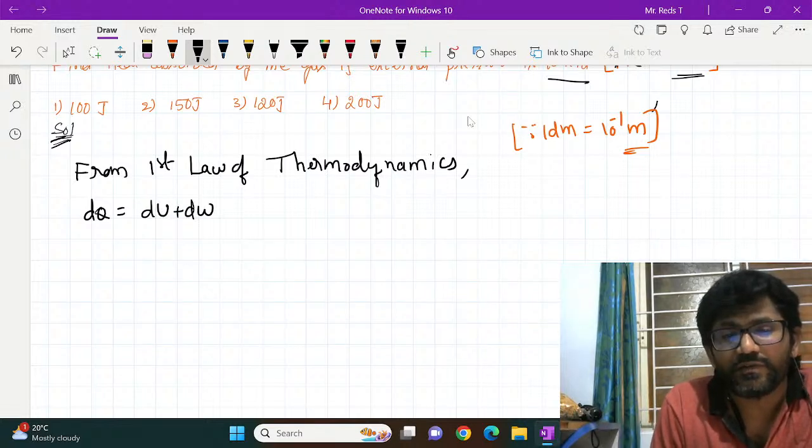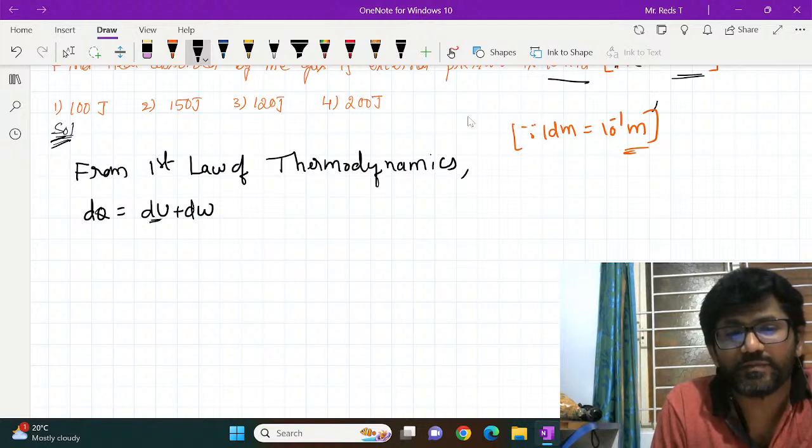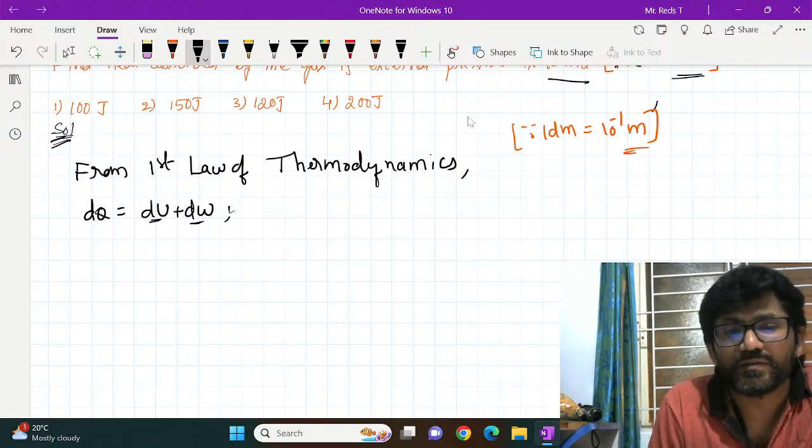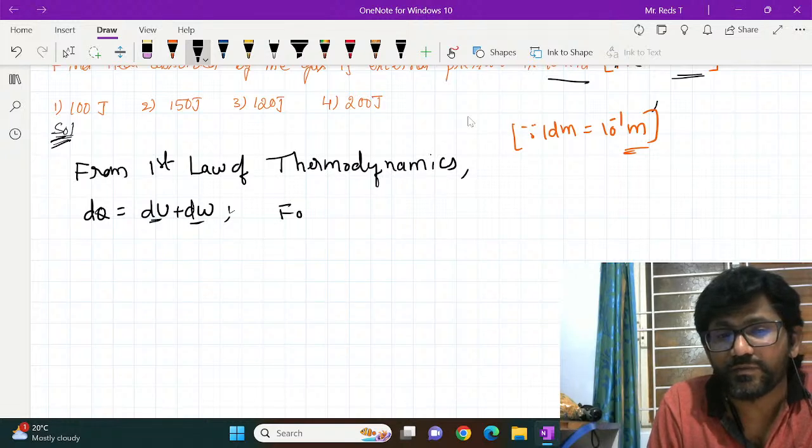Heat supplied will be utilized in two ways: a part to increase its internal energy, and the remaining is used to do work. But internal energy is purely a function of temperature. If temperature remains constant, internal energy also remains constant. So change in internal energy will be 0 for an isothermal process.